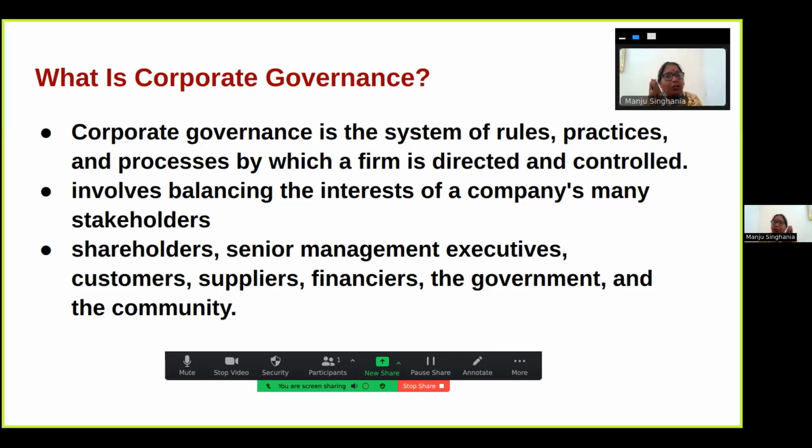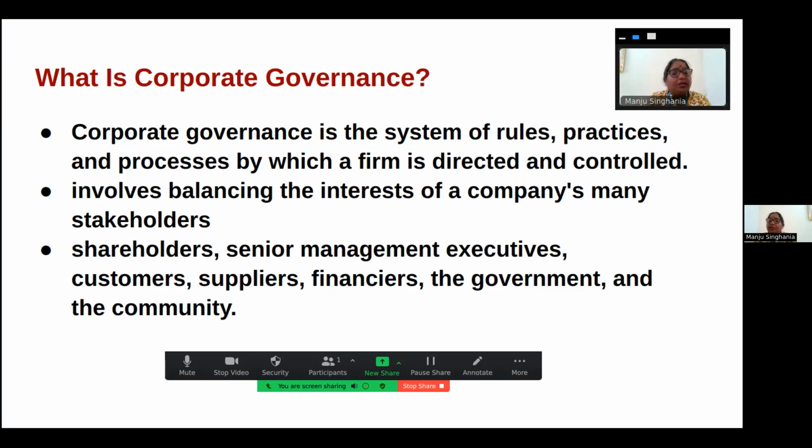For example, continuing with the same banking example: how the lending and borrowing happens, what the way is to open your account, what documents are required, all that comes under practices.